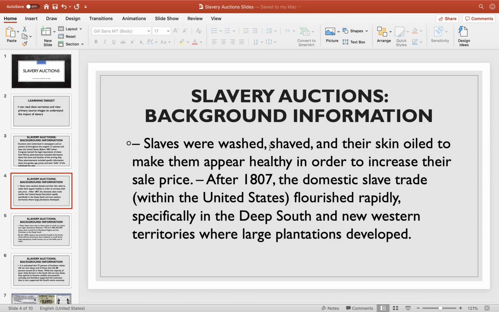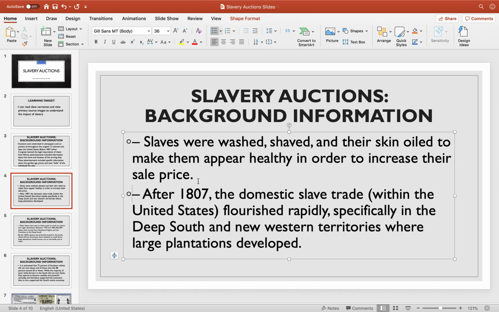Slaves were washed, shaved, and had their skin oiled to make them appear healthy in order to increase their sale price. After 1807, the domestic slave trade within the United States flourished rapidly, specifically in the Deep South and new Western territories where large plantations developed.